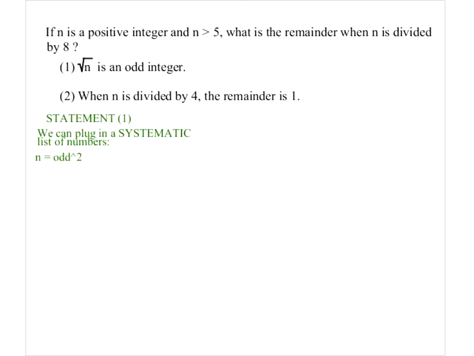So it's very easy to come up with a systematic list of possible n's. So n could be 9, it could be 25, it could be 49, it could be 81, it could be 121, it could be 169, etc. This is a lot of plug-ins, but you guys get the idea. You make a smiley face if you understand where this list comes from.